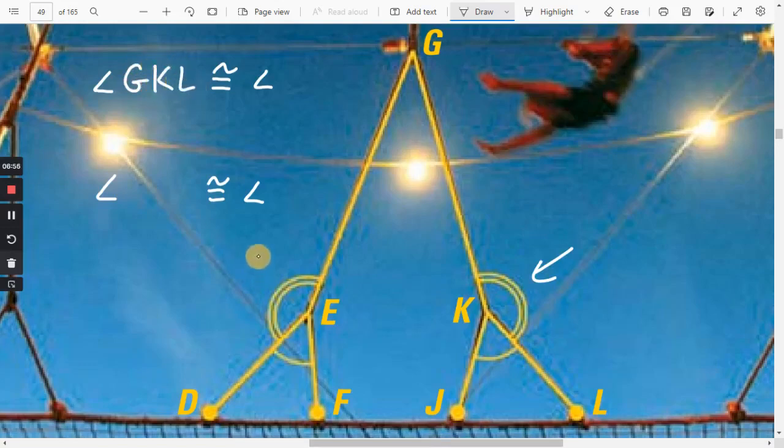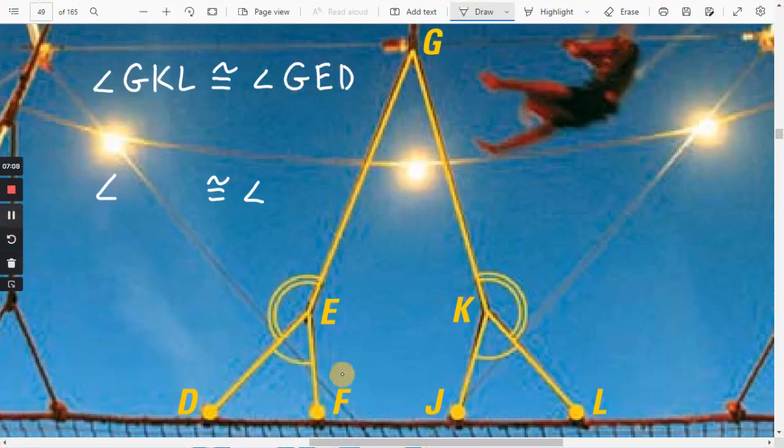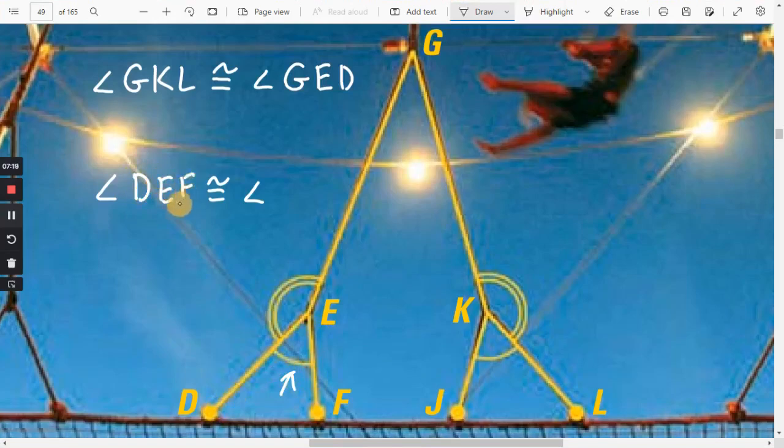And the other one with 2 marks is right there. That is going to be GED. Now let's do the ones with 1 mark. That's going to be right there. That's going to be DEF. And the other one with 1 mark is right there. That's going to be JKL.